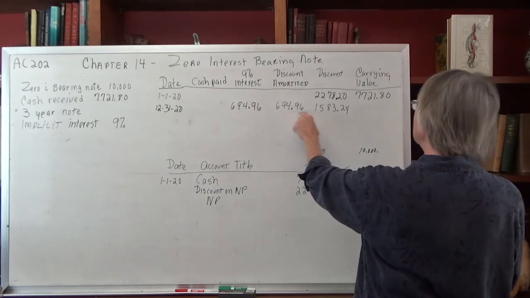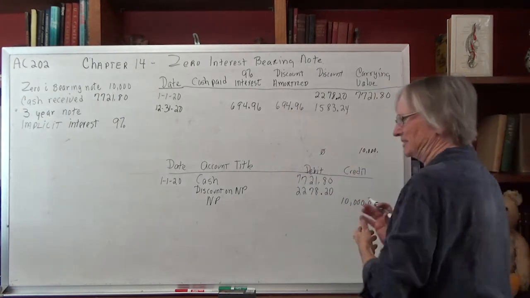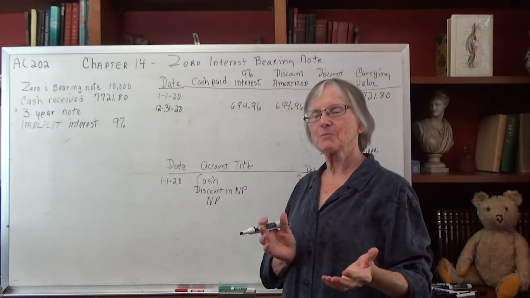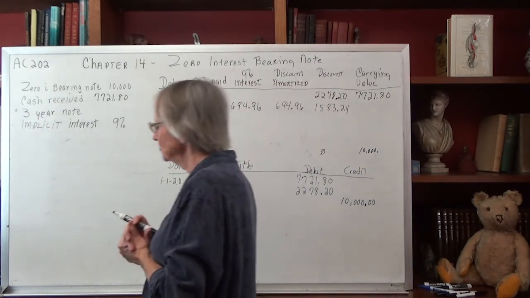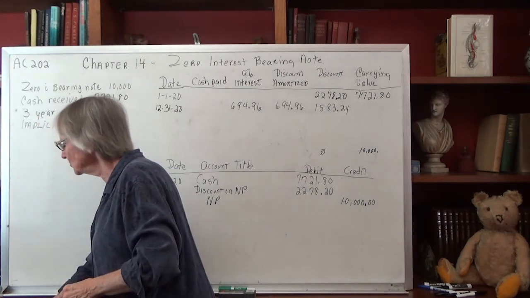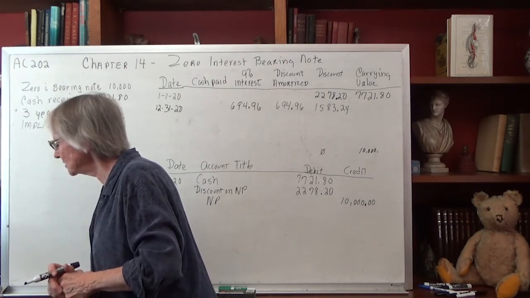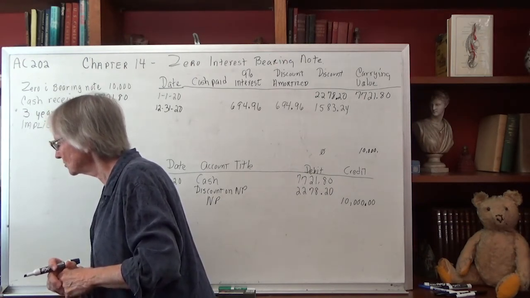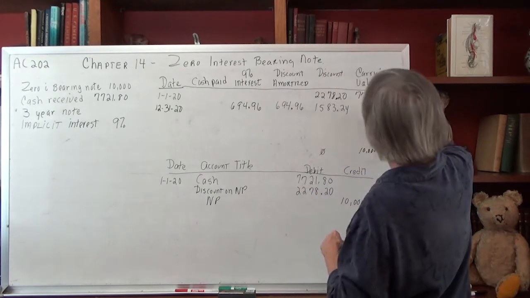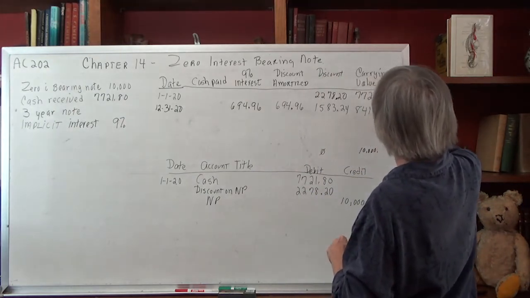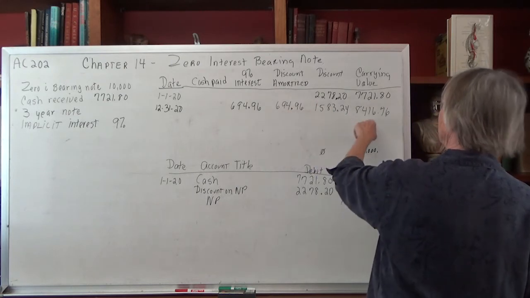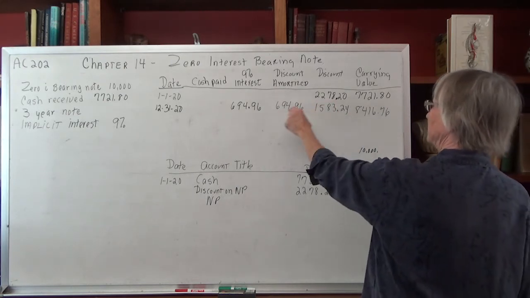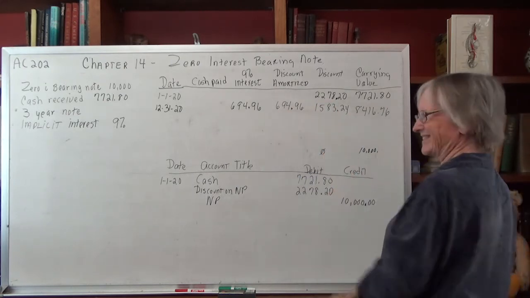So you're going to be adding this to the carrying value. You can see where setting this up on Excel with formulas is just great. So the new value of the note will be 8416.76. Started here, add that, get this. We started here, subtract that, and get this.